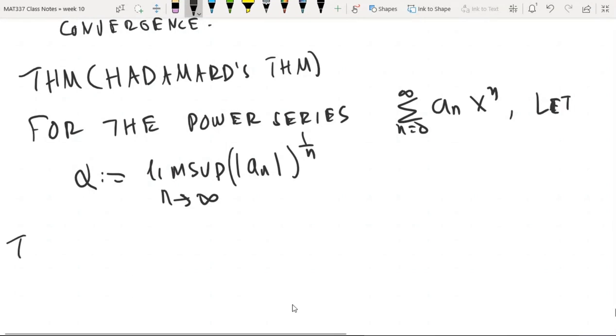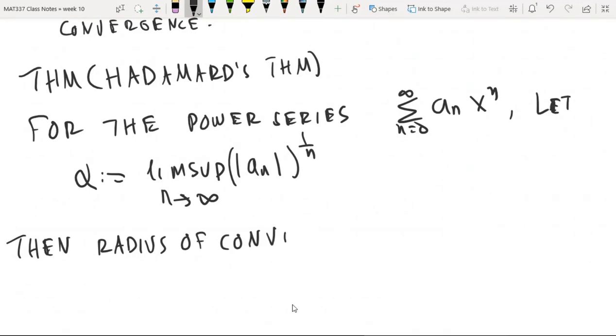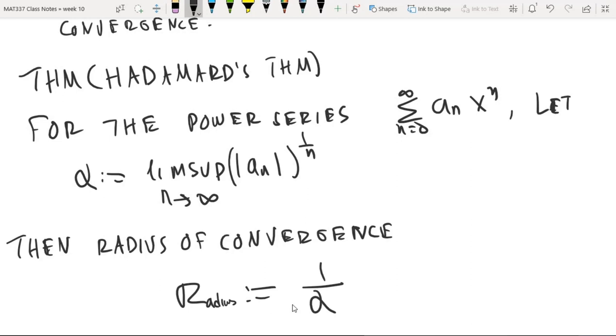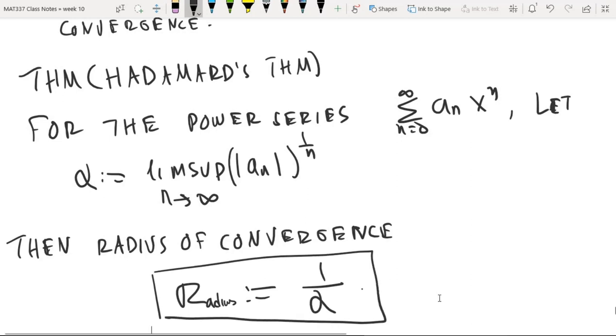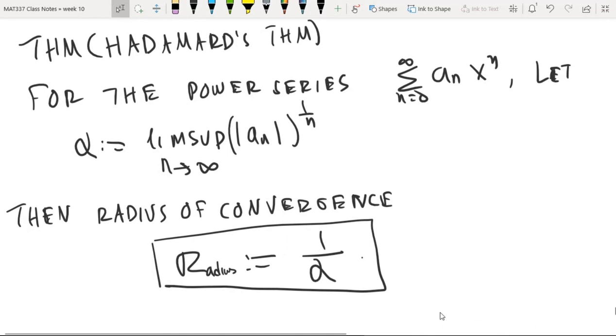Then the radius of convergence is equal to 1 over alpha. You can find the radius.